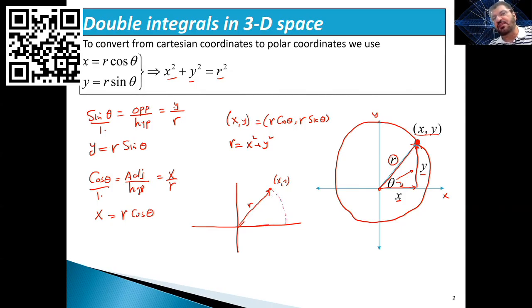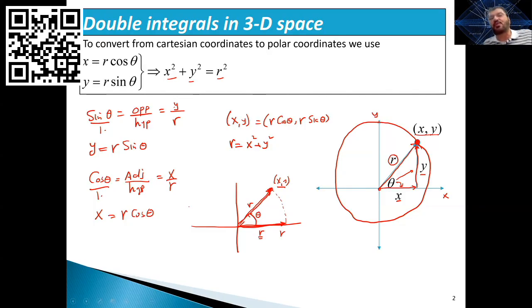So this is also r. To reach the point x and y, I need to measure what r is. If I take this arrow of length r and move it with an angle theta, this will bring me to here. So what am I touching now? I'm touching the point x and y.